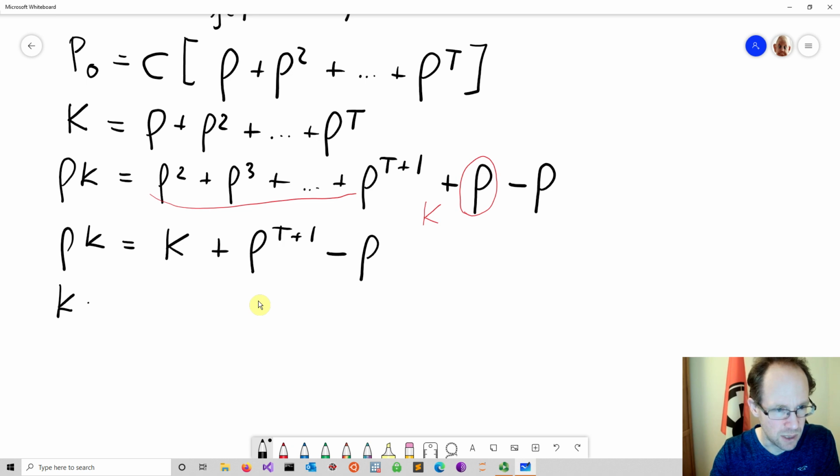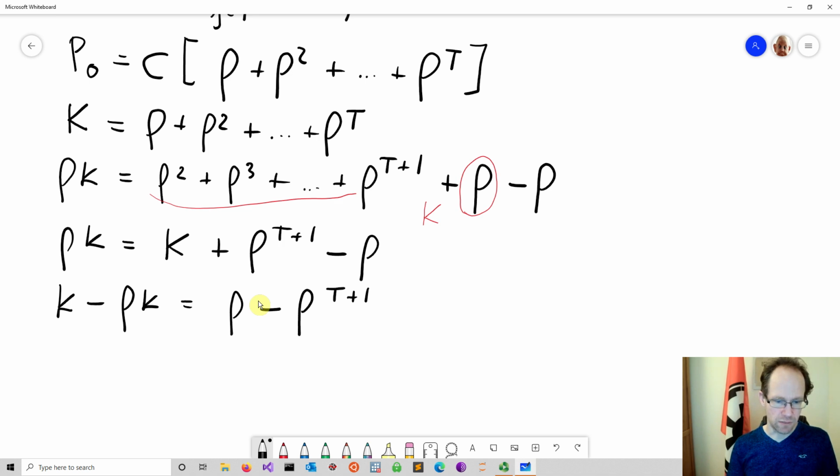So I can write K minus rho K, basically moving rho K to the other side and then switching sides. And then we would have rho minus rho to the power of T plus 1. So that would be the way to do it. Good, then we can simplify this further.